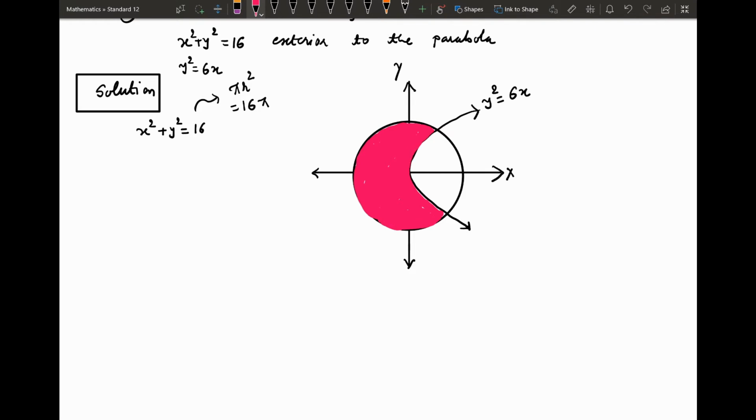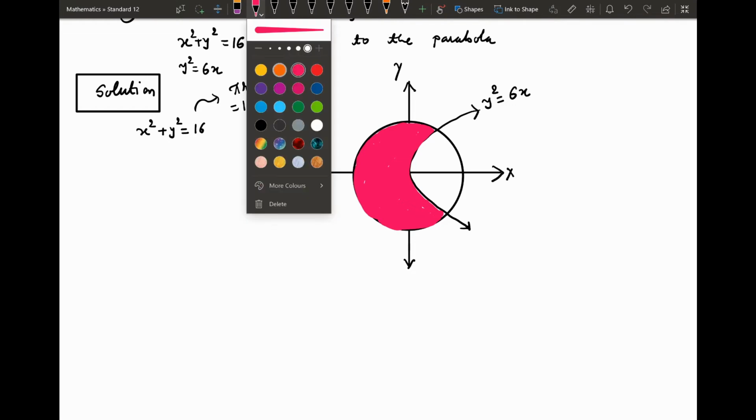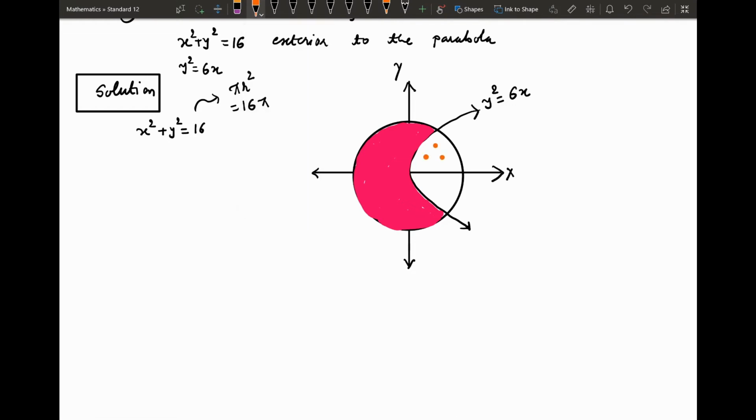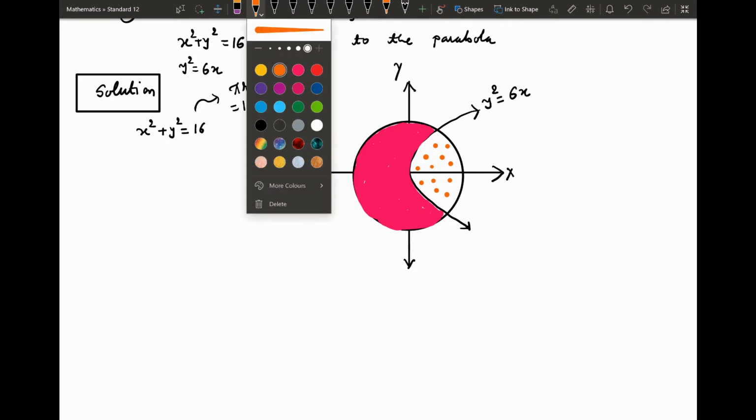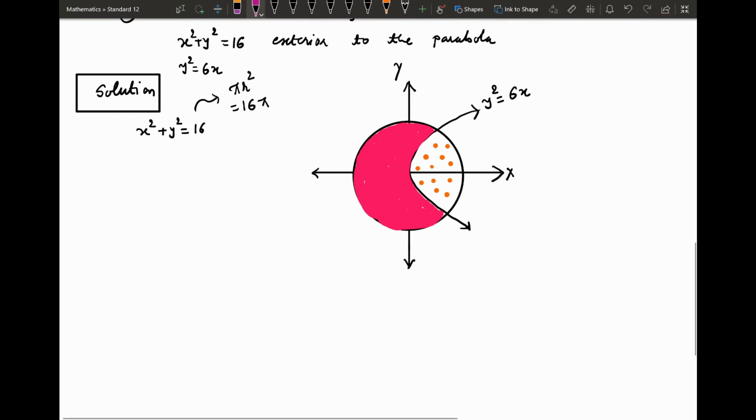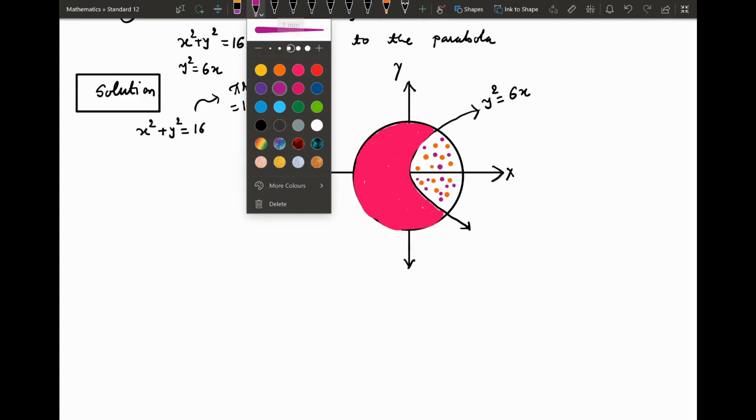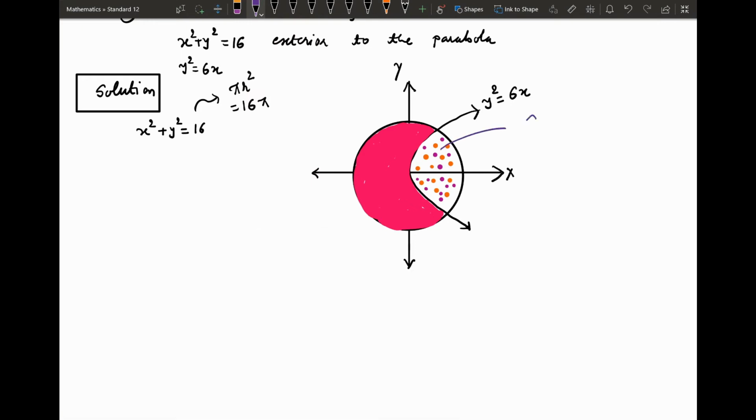this portion. Which one? So if we denote this portion by alpha, that pink portion is a portion which is interior to the circle and exterior to the parabola.